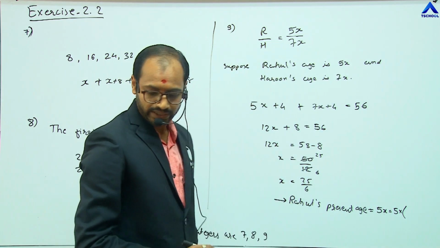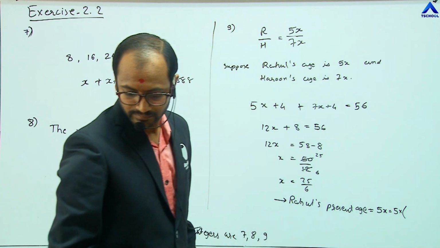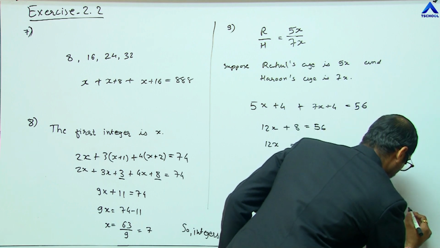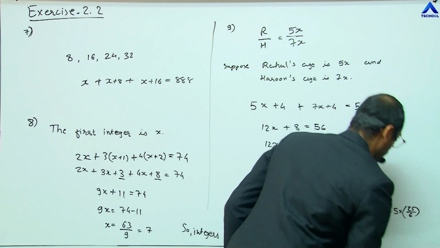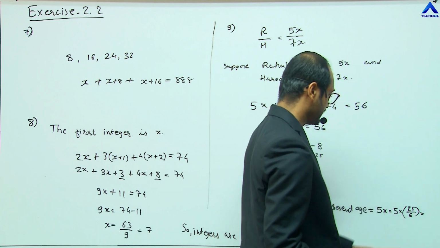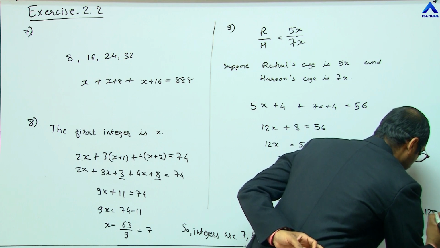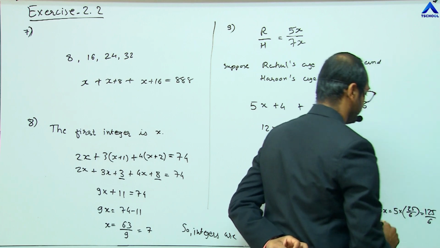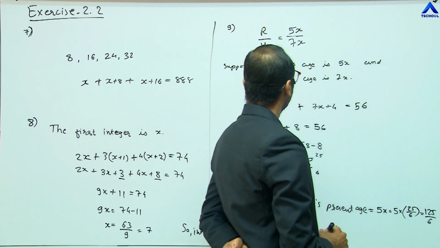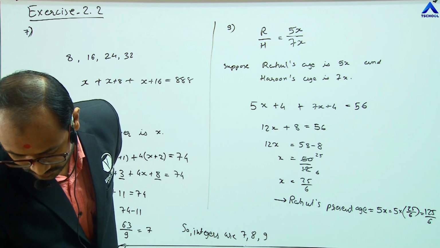Here it is 25 by 6. Now, what is this simplification? 25 by 6. 25 fives are 125, divided by 6.